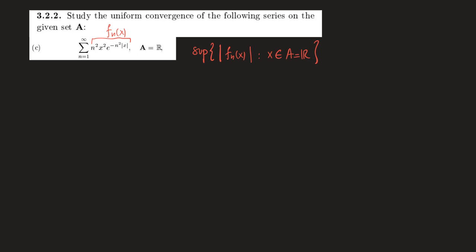Since it is messy, I need to calculate the derivative of it to find the critical points. So let me take the derivative with respect to x of f n of x.